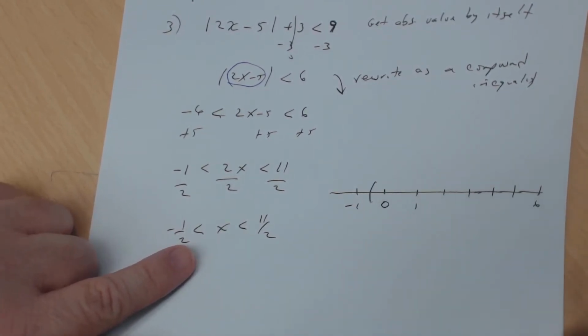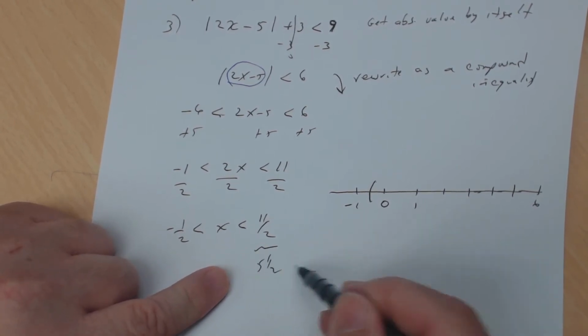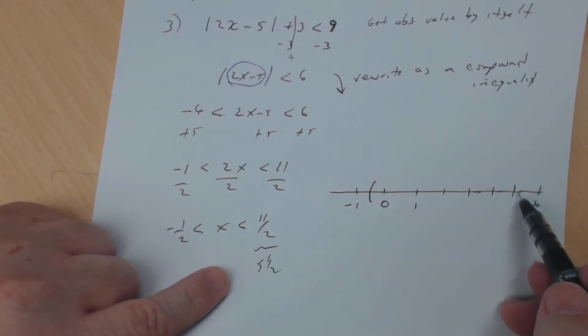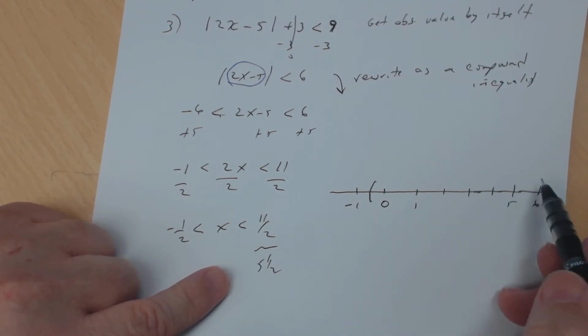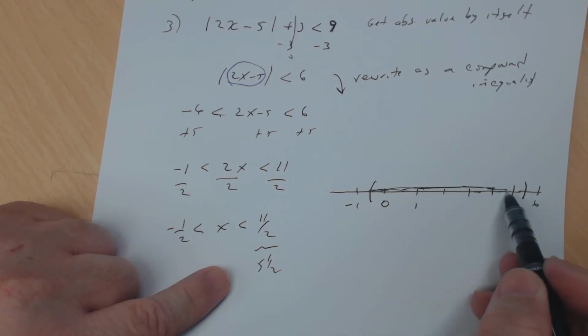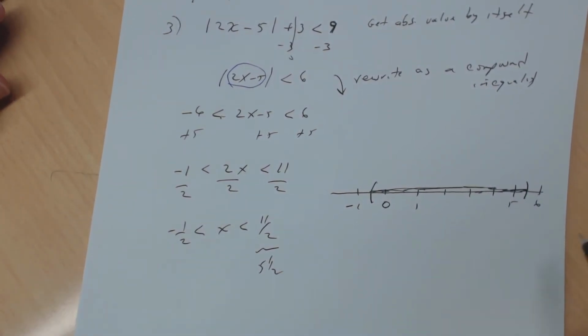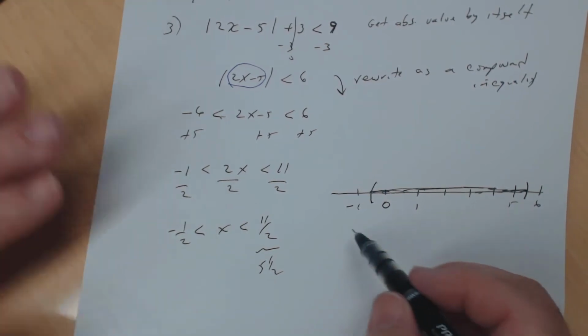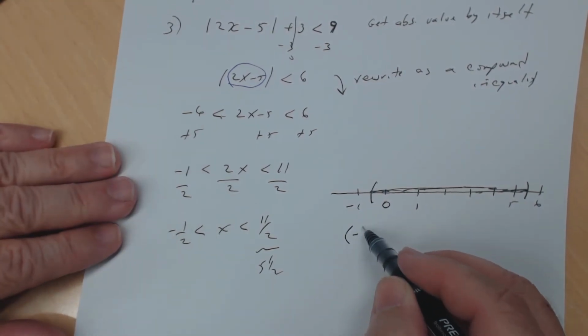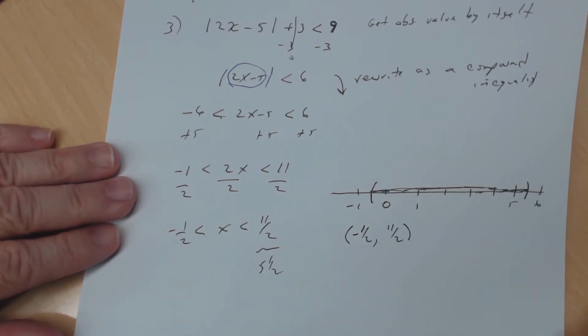And 11/2, remember, is 5.5, so that's between 5 and 6, in the middle, parenthesis. And you shade in everything between them. So there's the graph. Now again, in interval notation, you'd write parenthesis negative 1/2, comma, 11/2, parenthesis.